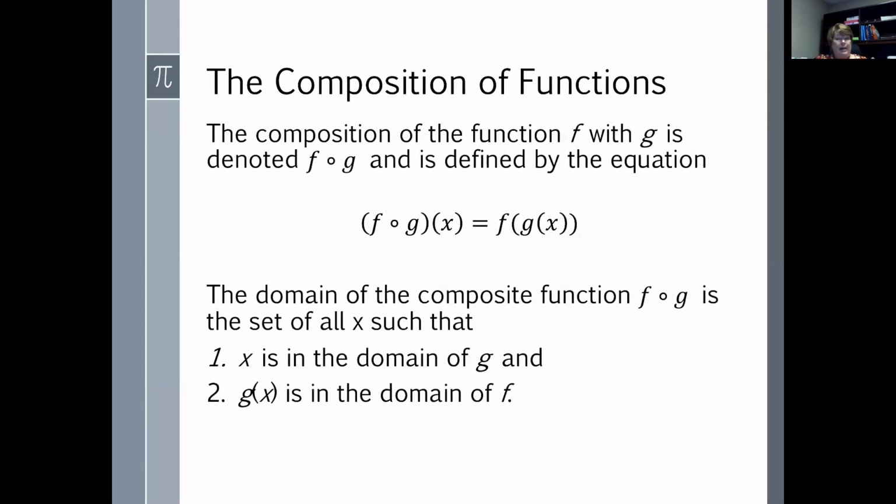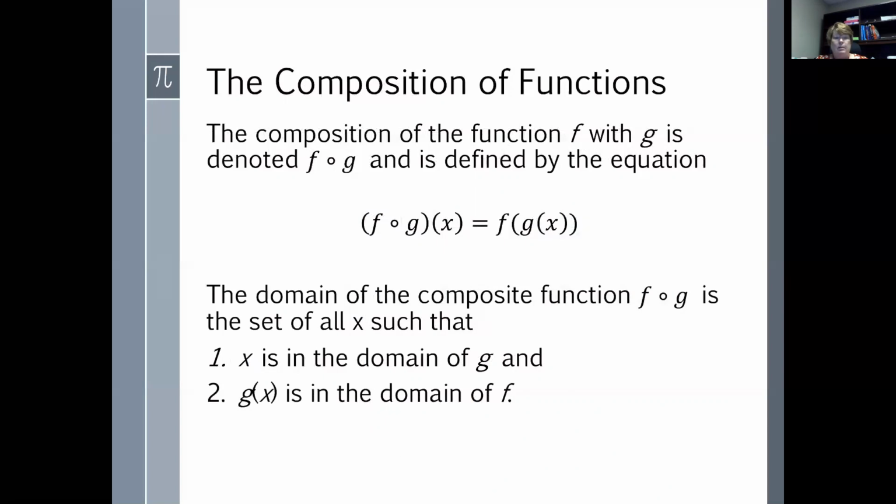Now, the domain can be kind of tricky on composite functions, so you have to be careful. The domain of the composite function f composed with g is the set of all x such that, first of all, x has to be in the domain of g. Since g is the function that we're going to get the output from, any value of x that is not in the domain of g must be excluded.